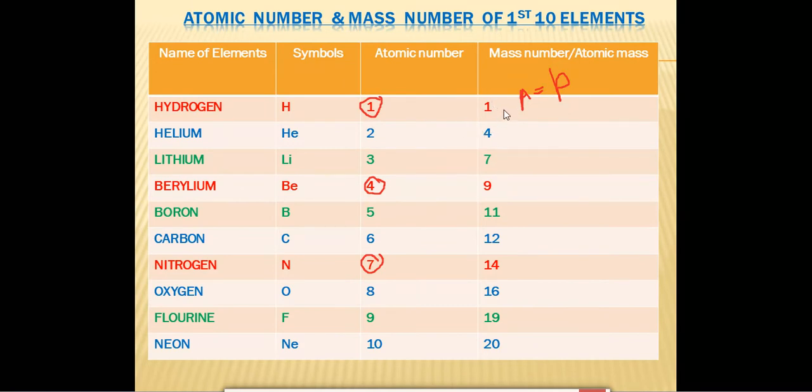We cannot add 1 here, as 1 is an odd atomic number but in this case we cannot follow the rule 2 into atomic number plus 1. So hydrogen will not follow this rule. This is one of the exceptions, because hydrogen doesn't have any neutron, so its atomic mass or mass number will be equal to the number of protons only, that is 1.